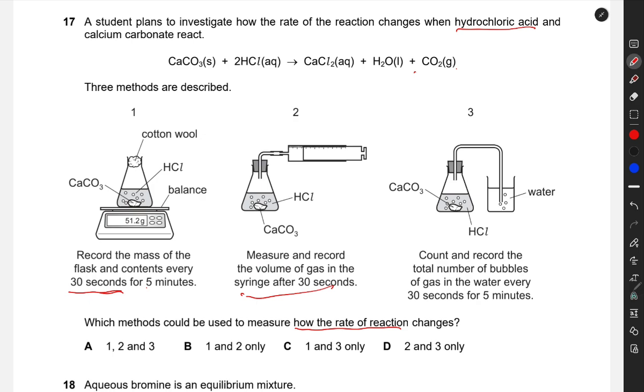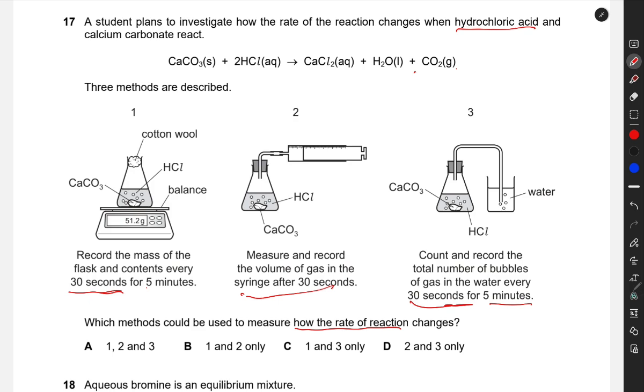Measure and record the volume of gas in the syringe after 30 seconds. So this experiment only measures and records the volume of gas, not the rate of change of reaction after regular intervals of time. So this is every 30 seconds for 5 minutes, and this is every 30 seconds for 5 minutes.